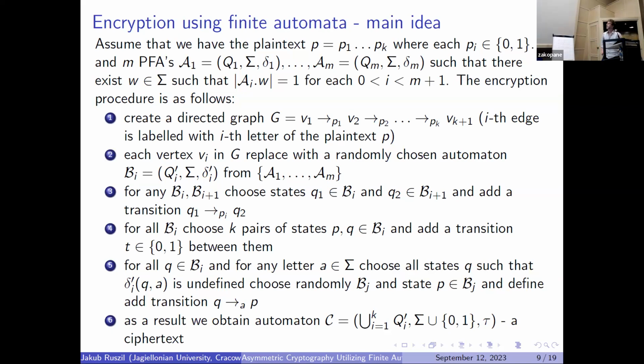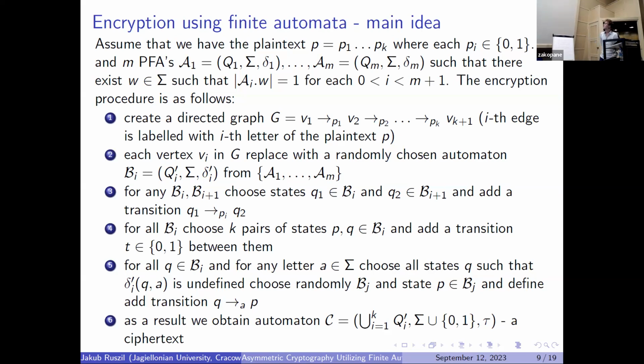So let's assume that we have a plaintext P, which is just some word over the binary alphabet 0 and 1, and we have M PFAs, A1 to AM. And that is a very important condition here: such that there exists a word W which carefully synchronizes every one of those M PFAs.